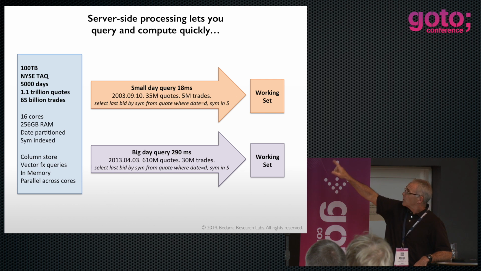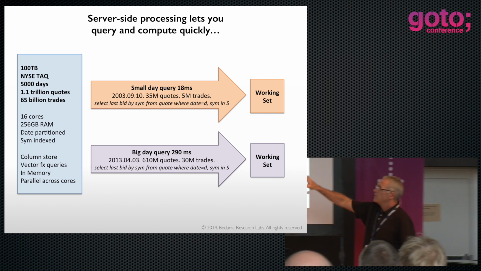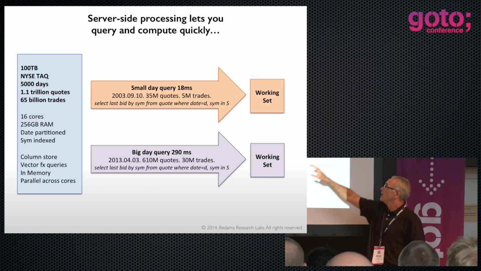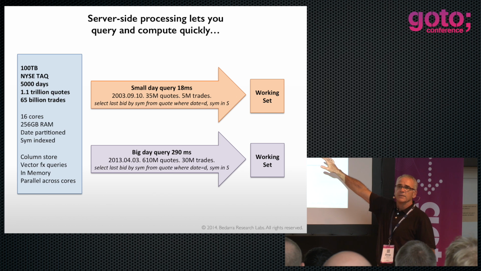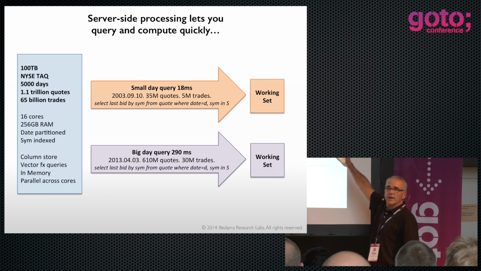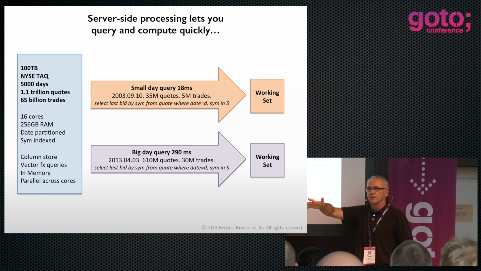So these are sample queries that we've done against that data set. And what happens is we're taking this 100 terabytes, and on a small day we do a query, it takes about 18 milliseconds, and we get a working set of around 35 million records.